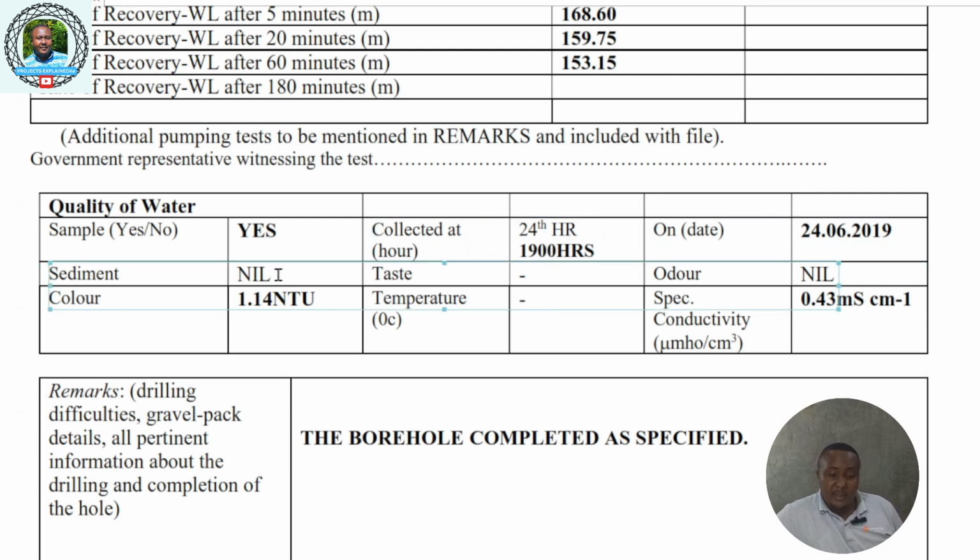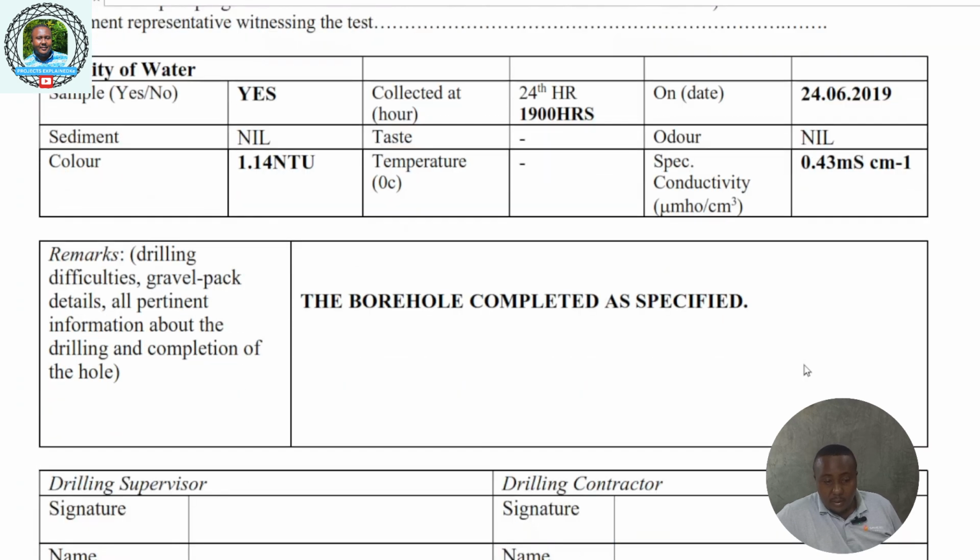Then was there sediment? According to this bowl it was nil, but if another bowl, you can indicate the taste, the color, all these parameters. You'll get them in the water quality analysis, and I'll show you now.